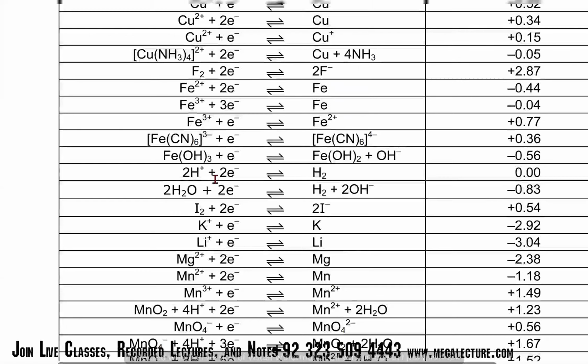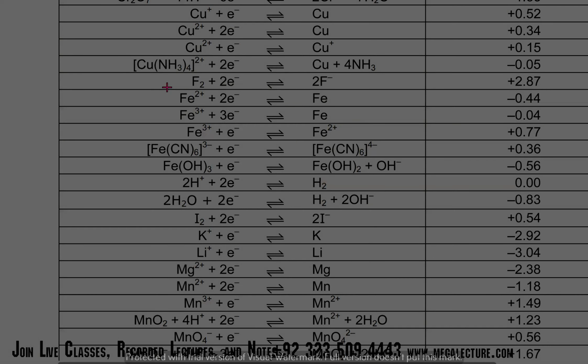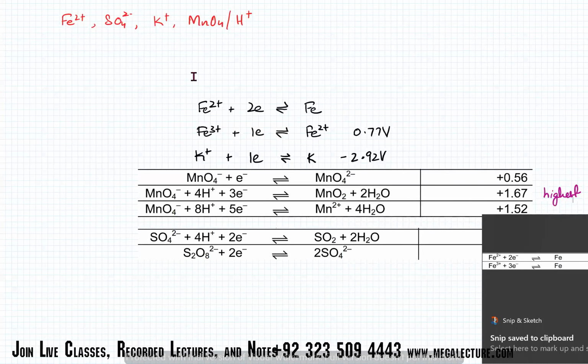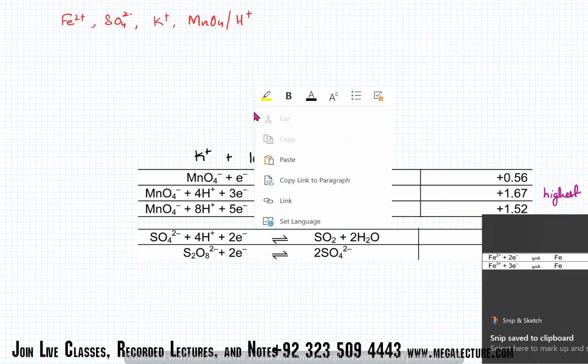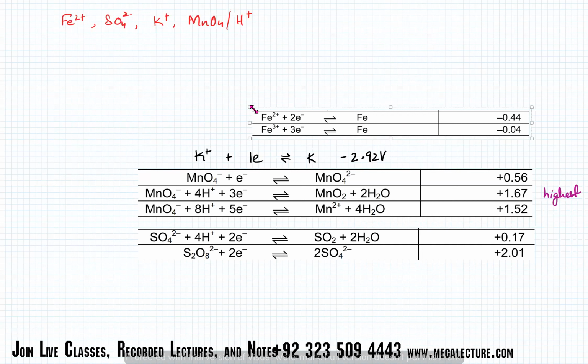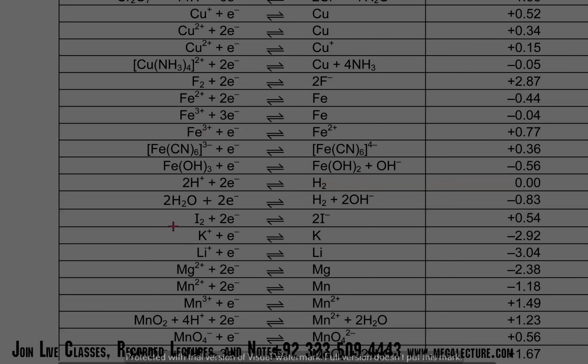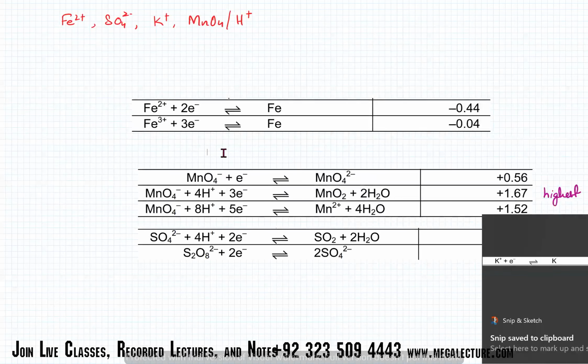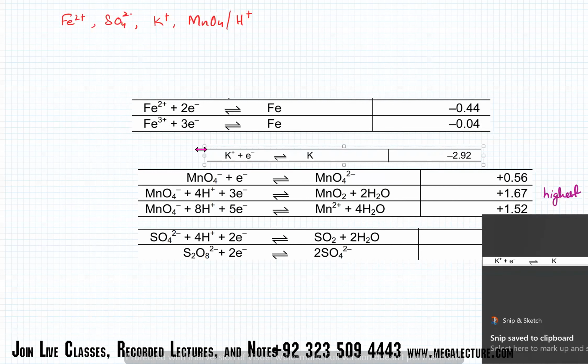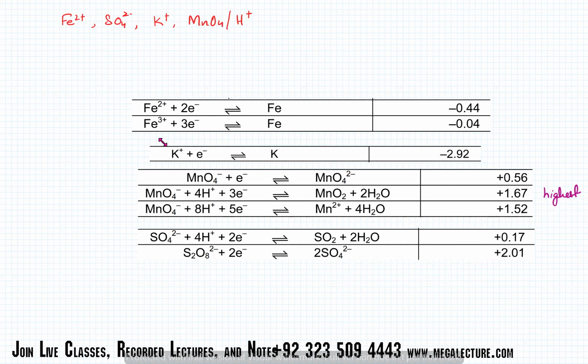Both are together, I'll copy from here. And the K one also from there. Now out of all of these, the highest potential, the most likely to gain electrons, is this one, which I have marked.